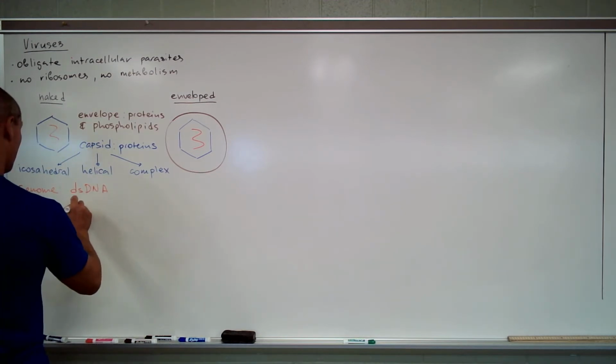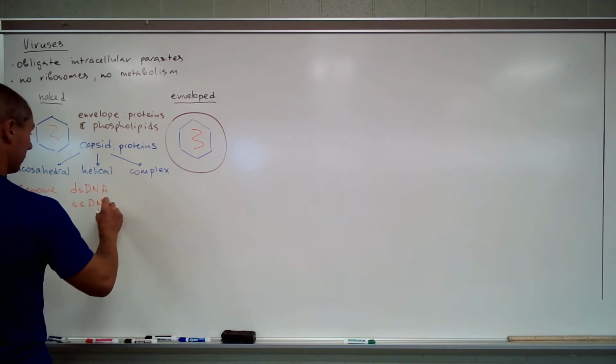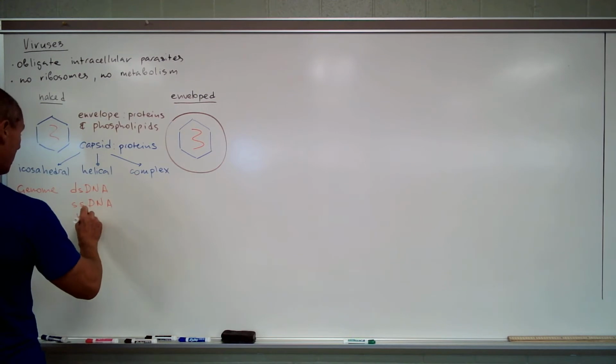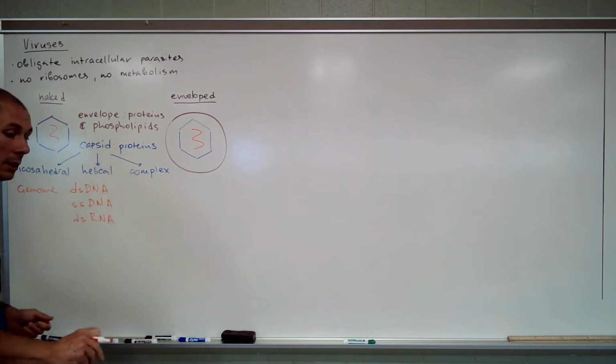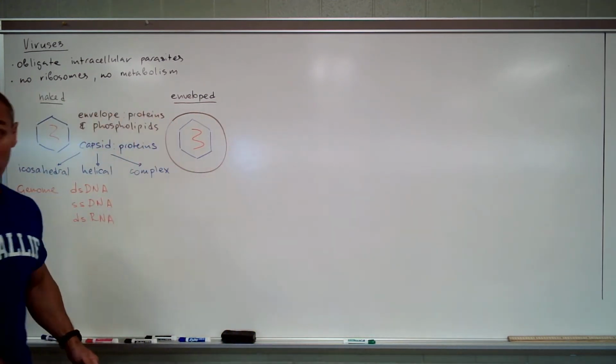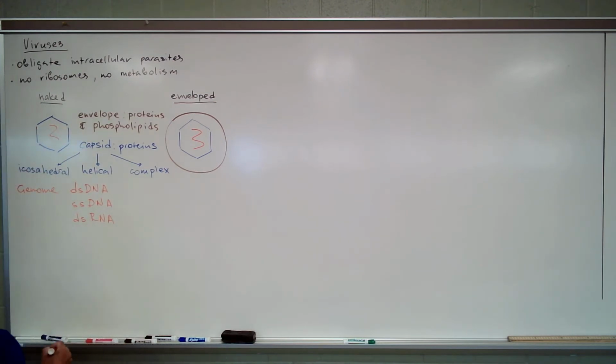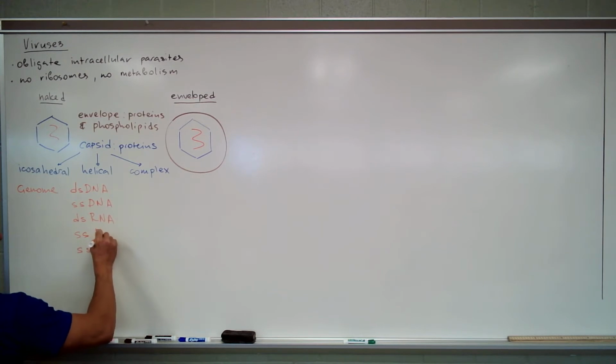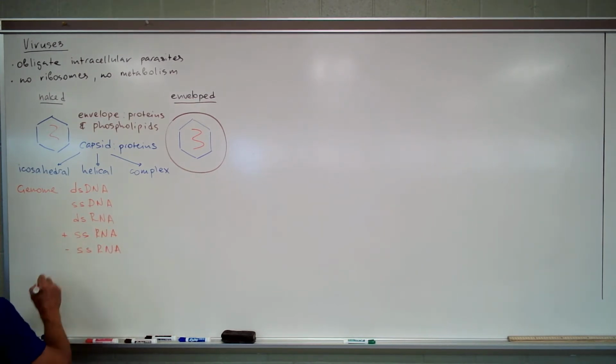They can have a single-stranded DNA genome, like parvoviruses. They can have a double-stranded RNA genome, like, for instance, rotaviruses. And they can have two types of single-stranded RNA genome, the positive and the negative. And I'm almost sure that you never encountered the term positive-stranded RNA or negative-stranded RNA.